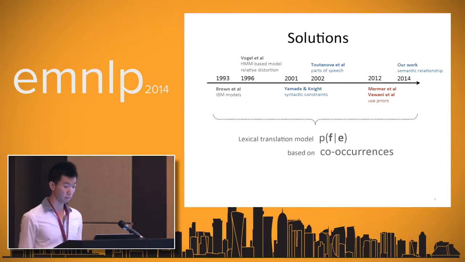They are modeled as categorical distributions, which means they are basically estimated based on the co-occurrence of the word f and the word e. This also means that each word is independent of each other. Even if you're given two synonyms in English, they will always be unrelated, and they don't share any information with each other.